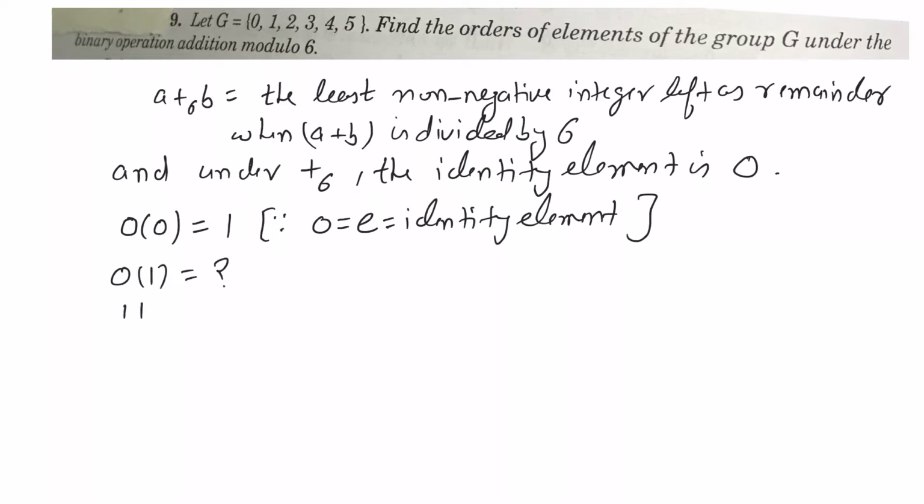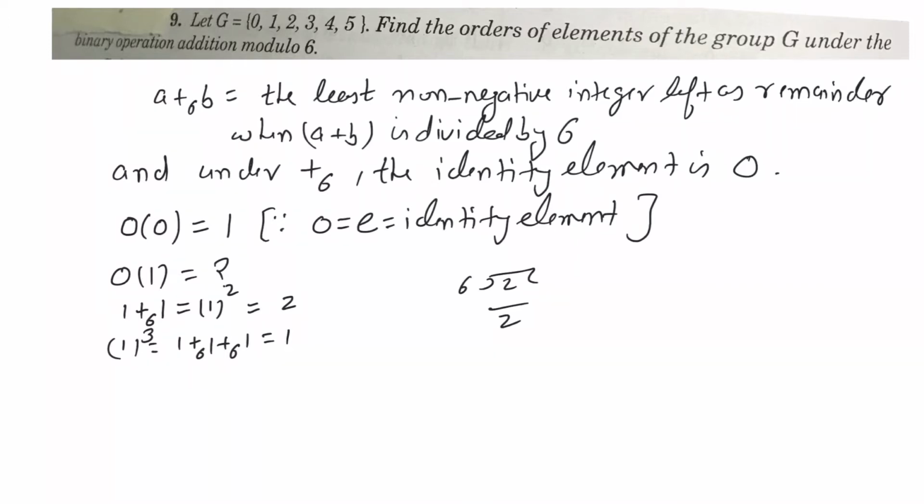Now let us say 1 plus 1, this will be 1 squared, and this will be equal to 2, and the remainder when 2 is divided by 6 is 2, so this will be 2. Now 1 cubed is equal to 1 plus 1 plus 1.